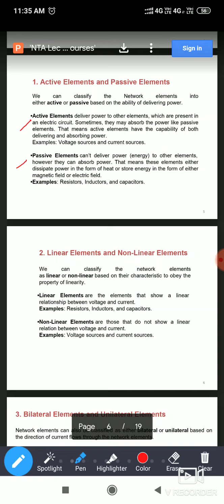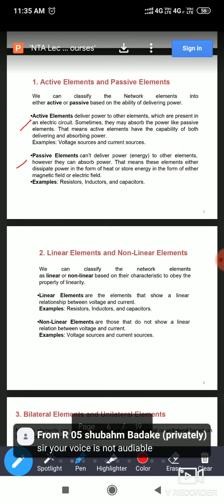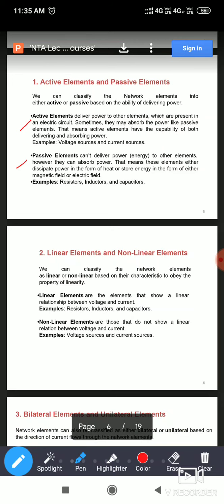They are always ready to absorb the energy from the circuit. They don't have their own energy. So resistors, inductors and capacitors are the three passive elements which absorb the energy. They cannot deliver the energy. Okay, now next one.